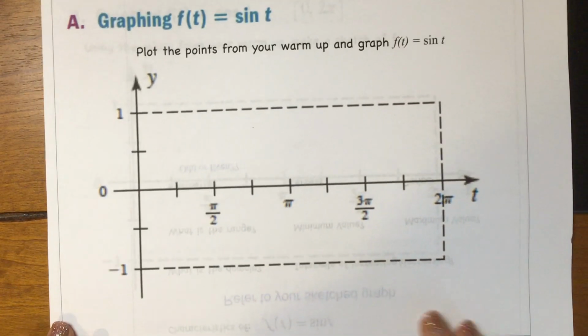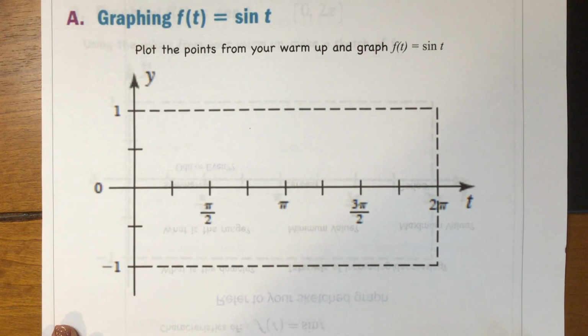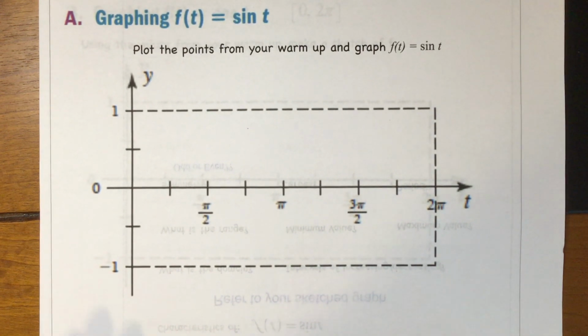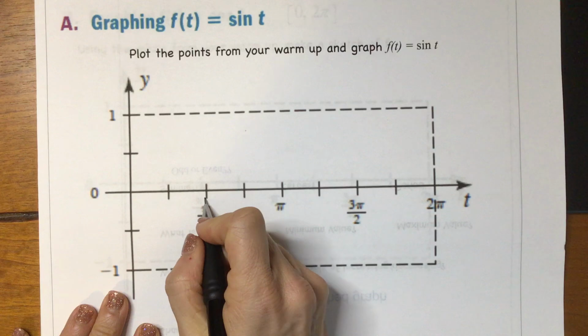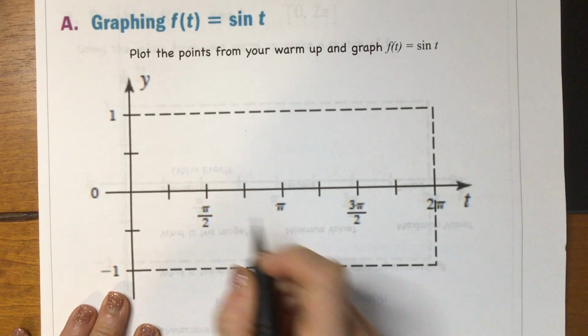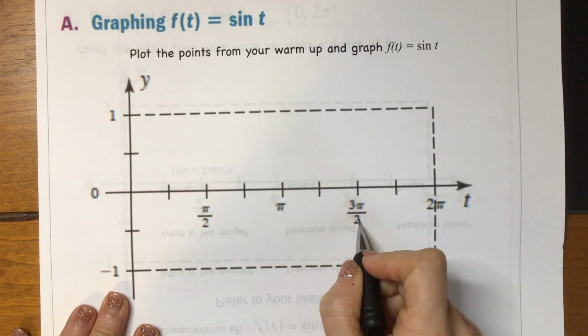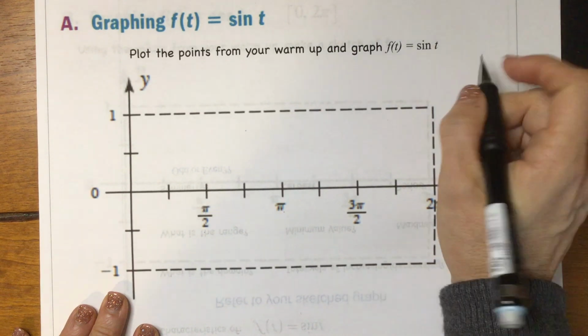So, graphing just basic sine. If we look at our sine values on our unit circle, again, we talk about the rule of fourths, and what we really care about are what our sine values are at pi over 2, at pi, at 3 pi over 2, and 2 pi.